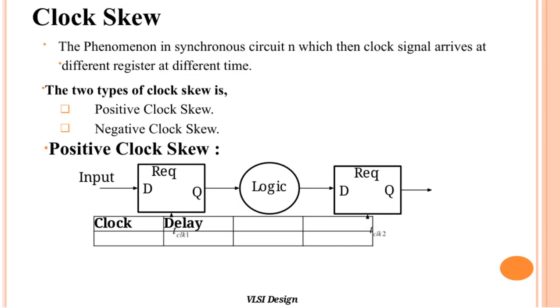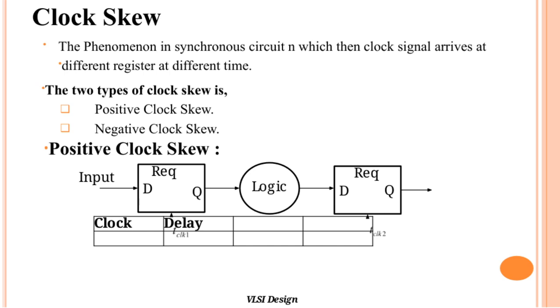Let's talk about clock skew, a critical concept in synchronous circuits. Clock skew happens when the clock signal reaches different registers at slightly different times. This timing difference can affect circuit performance and reliability. There are two main types of clock skew, positive and negative. Positive clock skew occurs when the clock arrives later at the receiving register compared to the launching register.